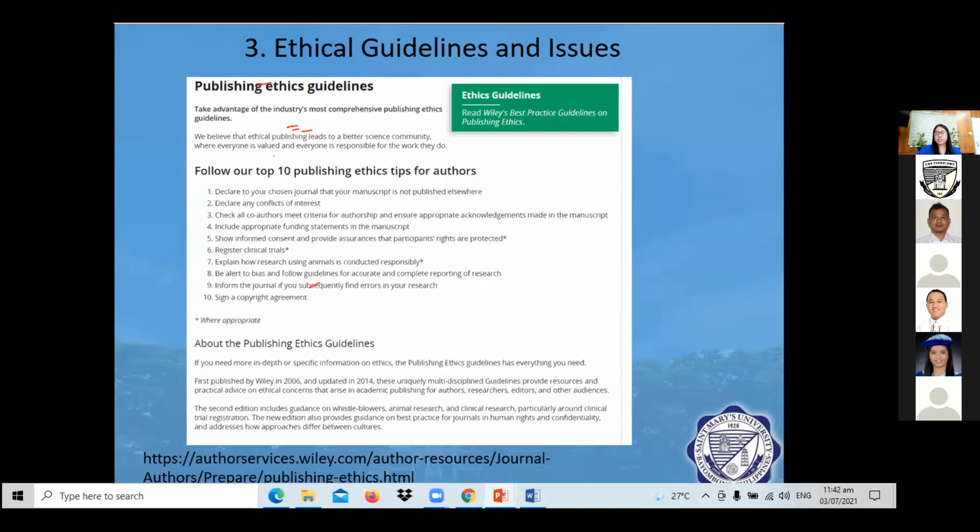Of course, you also have to acknowledge the funding agencies that help you, and include an appropriate funding statement in the manuscript.